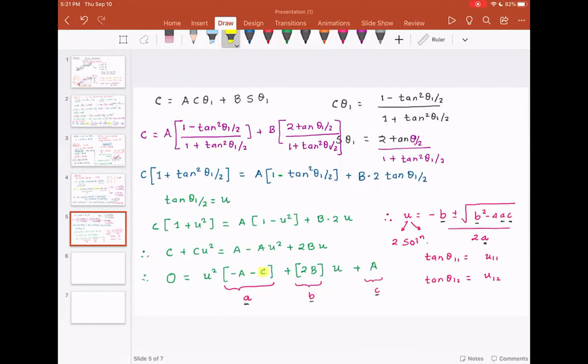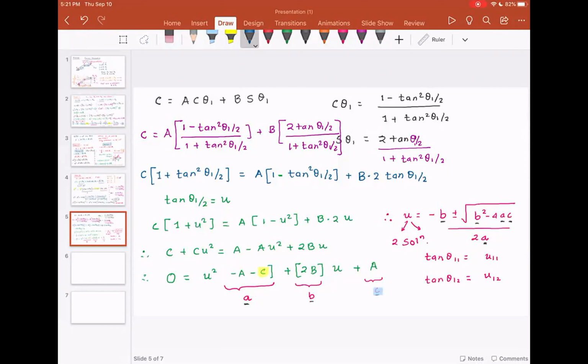This capital C is different than the small c. Oh yeah, you're right.